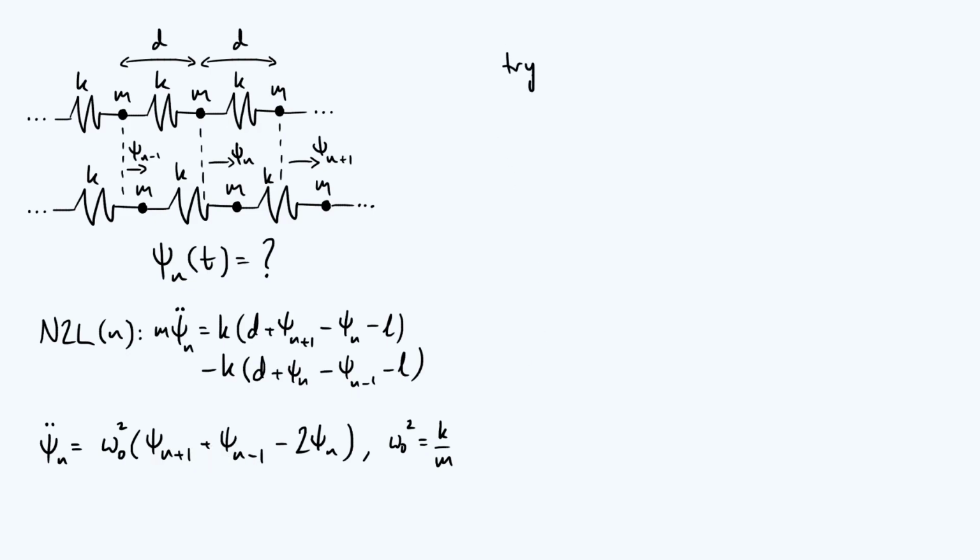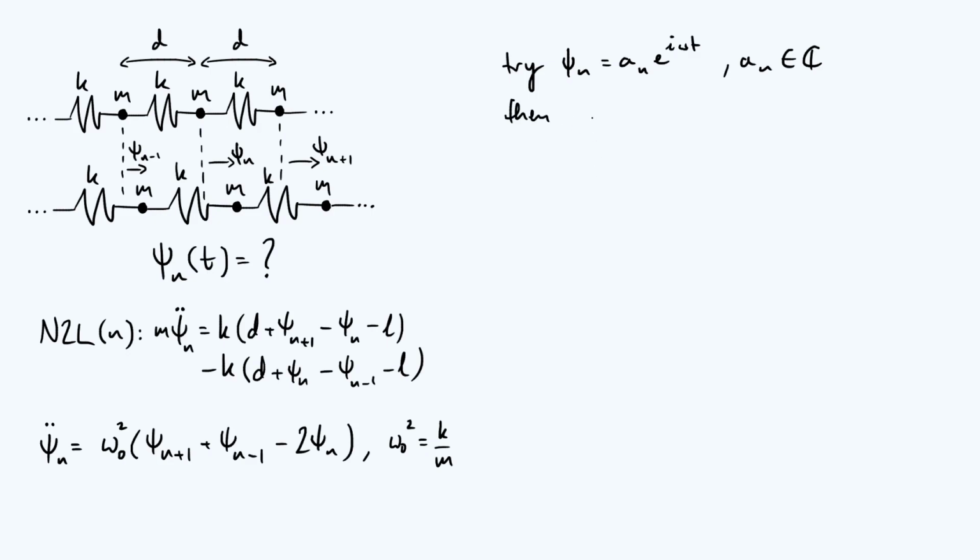So let's try that. Psi n is going to be some amplitude times an oscillatory part, e to the i omega t. This a n could be a complex number. Let's make a note of that. So a n is a complex number which includes both an amplitude and a phase, which could in principle both depend on n. So if we take that trial solution, what's going to happen?